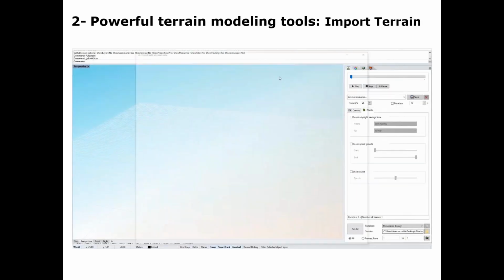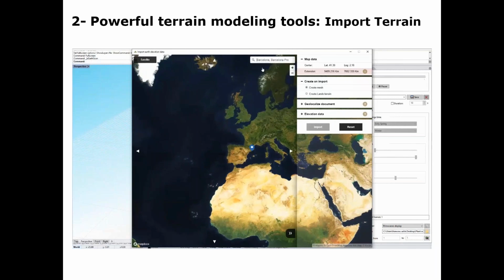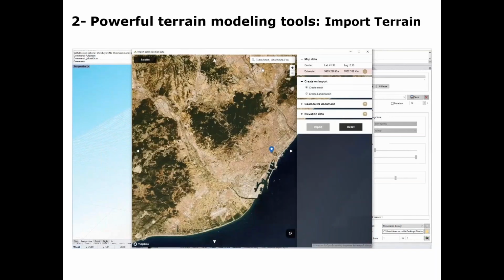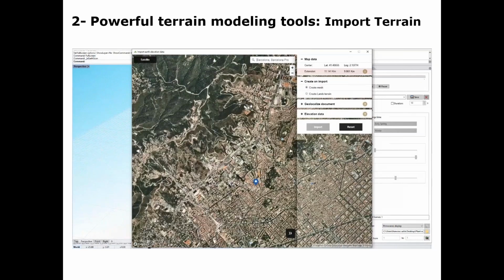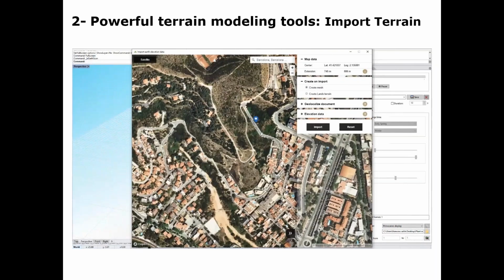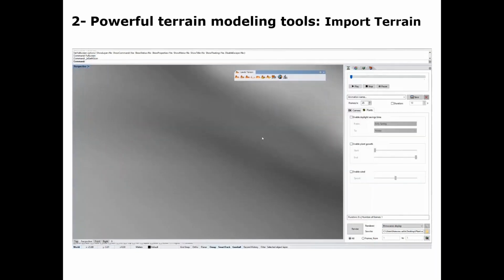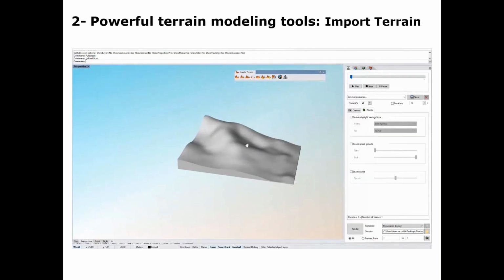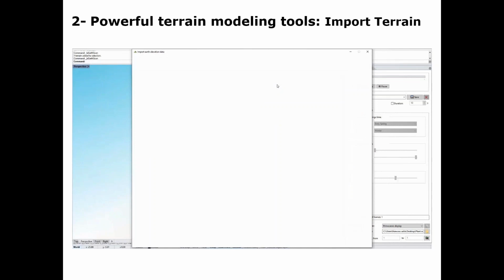Also, you can import terrain. By looking up the location of your project anywhere in the world, you can find the place of your project, and then Land Design will import the terrain according to its own elevation database. After importing the terrain, you can also import the 3D mesh of the same area, including the satellite image of the area.